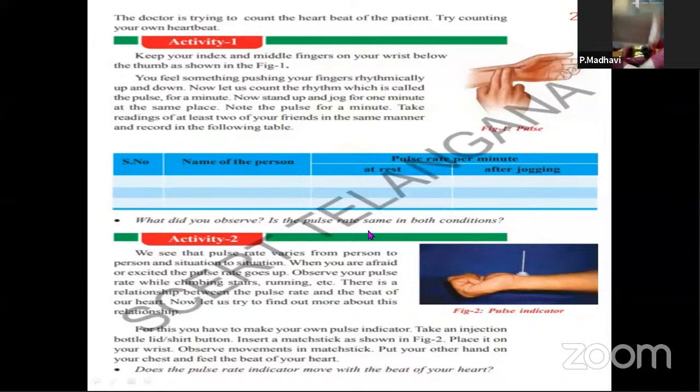Same as this, take index finger and middle finger, same on wrist, below the thumb. Okay, close your eyes and start counting. Start.